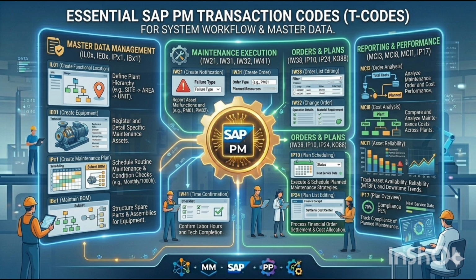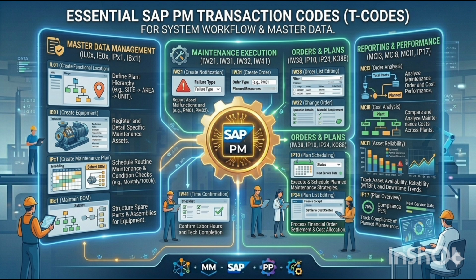Some of the essential PM transactions we will be discussing. It's a practical reference guide for the most common SAP PM commands, categorizing them into functional areas. Master data management, codes like IL01 and IE01 for initial setup.